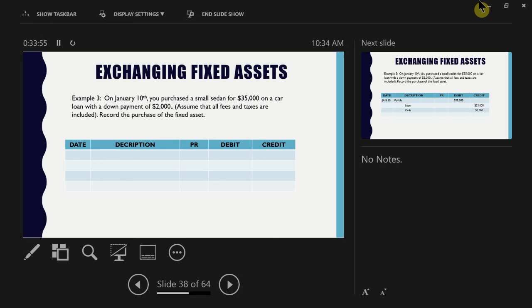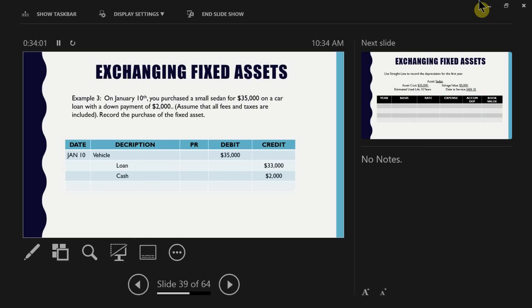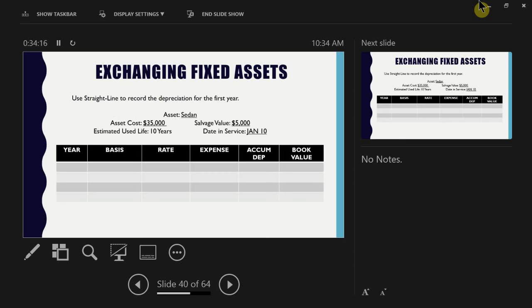So again, let's go ahead and record the purchase of this fixed asset. I purchased it on January 10, I obtained a loan, and I put a down payment down of $2,000. So in this case, my asset right now is $35,000, okay?